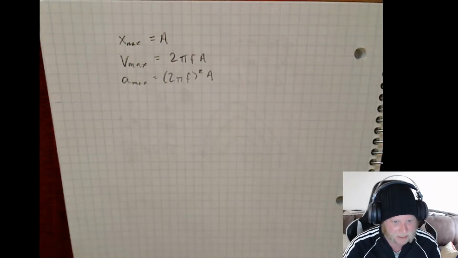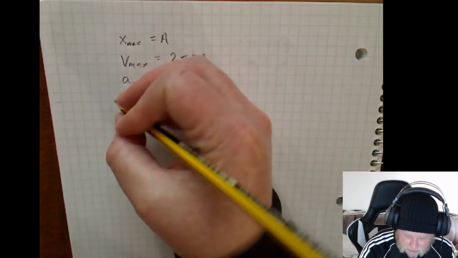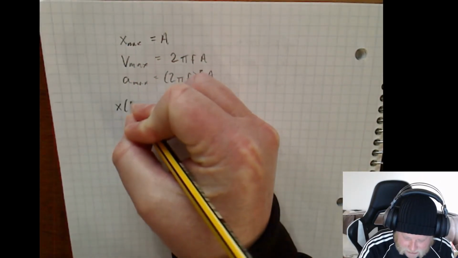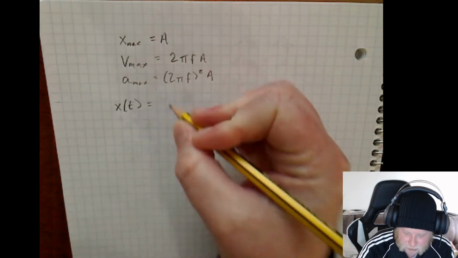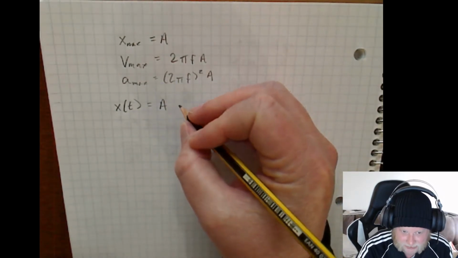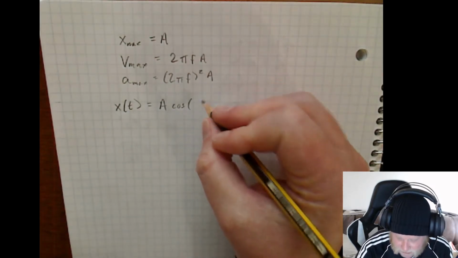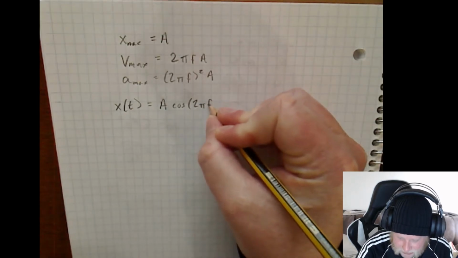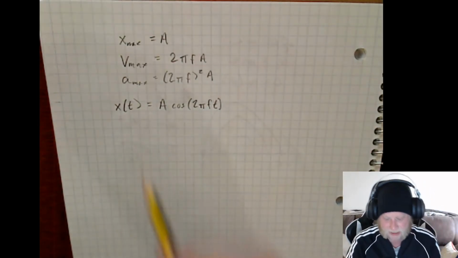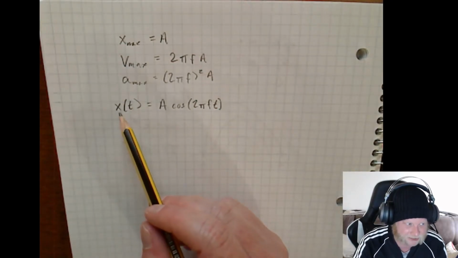Now, the other important equations are finding things as a function of time. So if we want to find our position at any given time, your position is equal to the amplitude times the cosine of 2 pi times your frequency times that time. Now keep in mind, this isn't x being multiplied by time, this is x as a function of time.